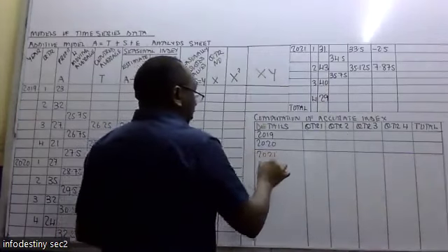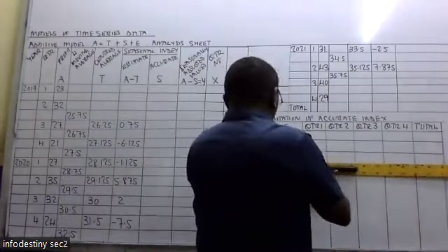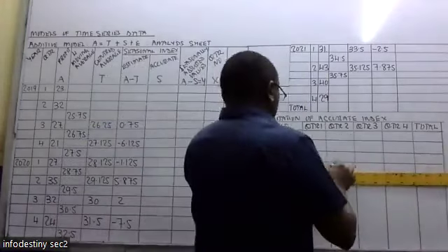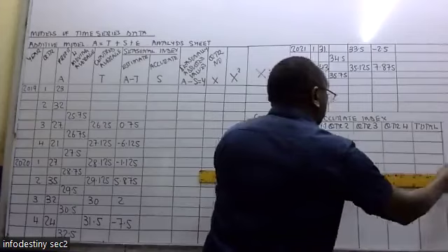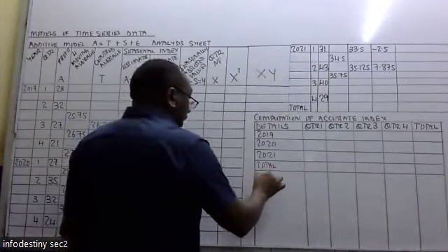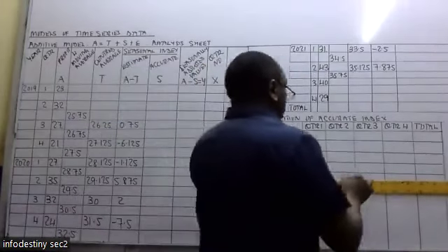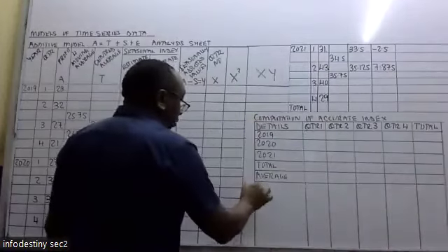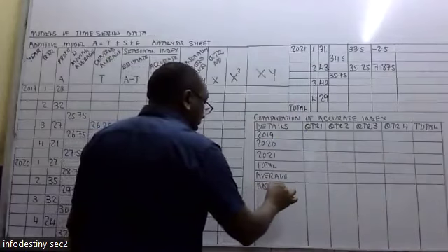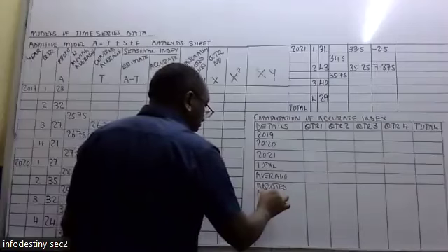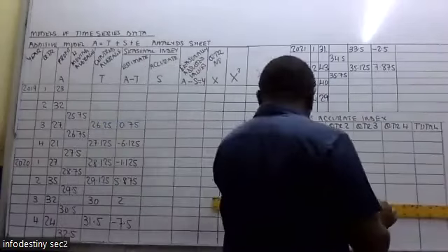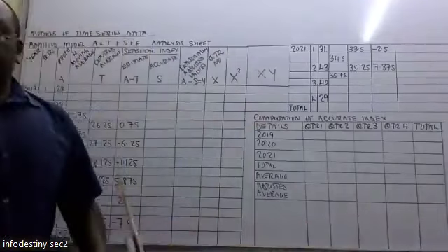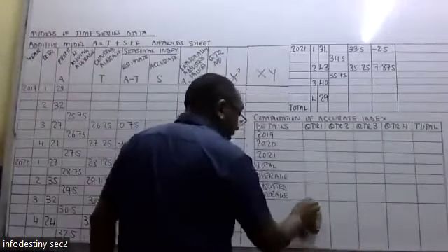We have the year 2021. Then we have total, then we have average, and then we have adjusted average. Those are the rows of that table.